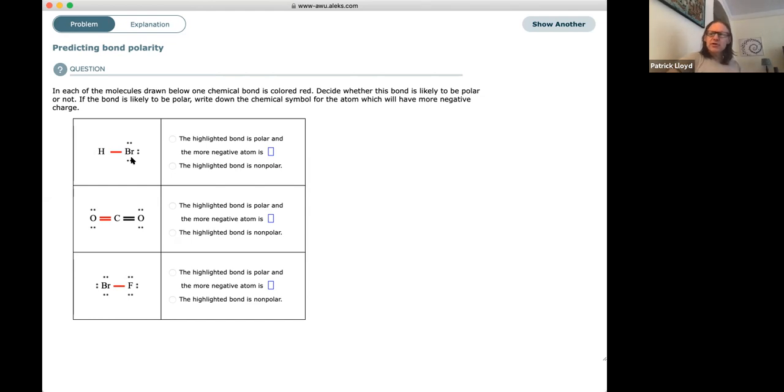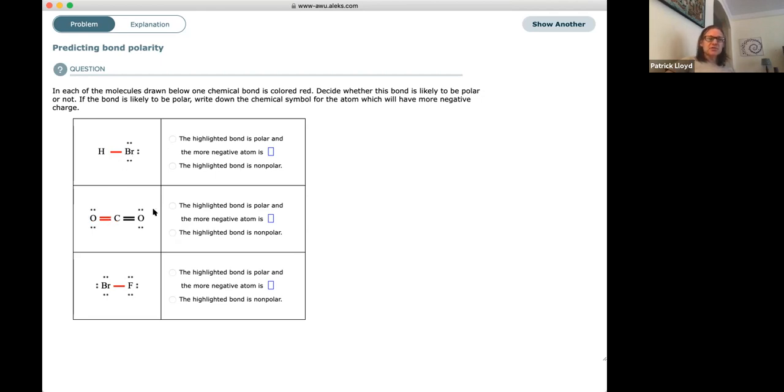I think chlorine is 3.0 and bromine is 2.8, or 2.7, 2.8. There's a difference there, right? So 2.8 minus 2.1, that's a difference of 0.7. That's greater than 0.3. So yes, it would be polar. So that bond is polar. The more negative atom, the more electronegative atom, is the bromine atom, right? Because it has a higher value of electronegativity.